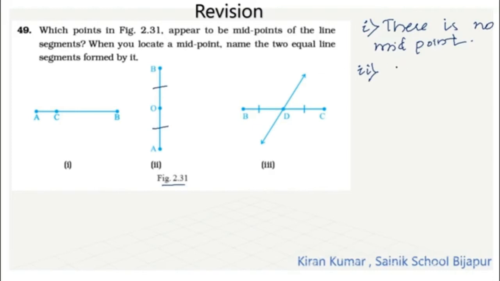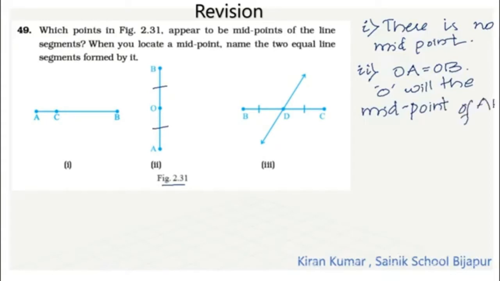In such cases, OA and OB will be equal to each other. O will be the midpoint of AB, if these two parts are equal.